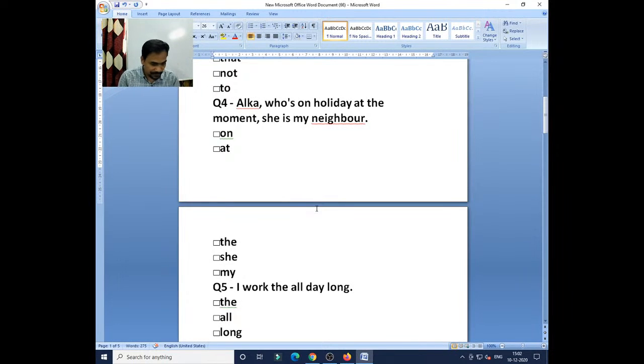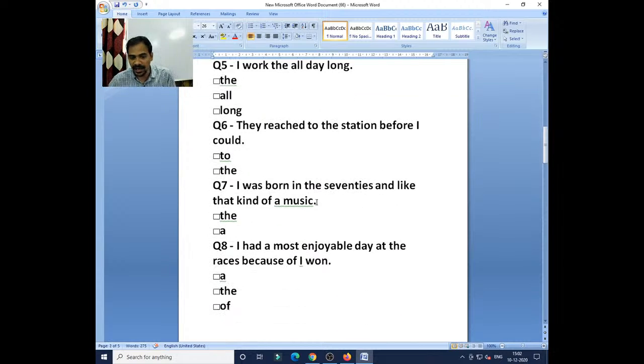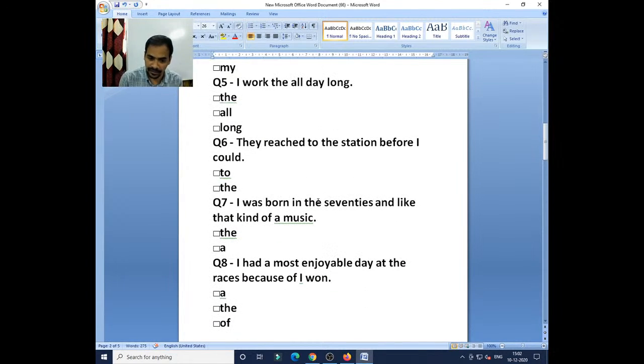Question number 4 over. Then come to question number 5. I work the all day long. Where is the mistake? Which word should we remove so that it can be grammatically correct? Subham, yes. Subham has given me the correct answer, first of all.